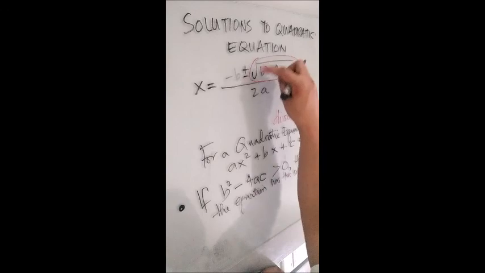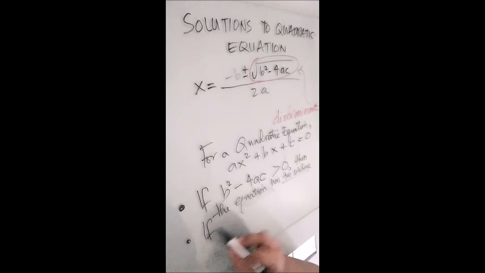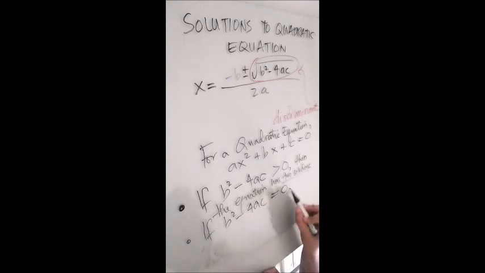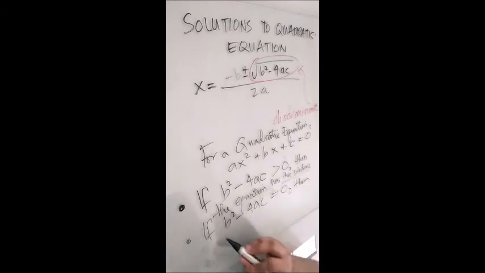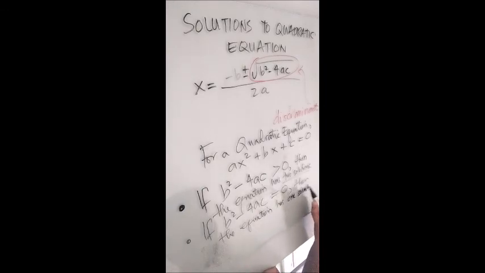If this number here in the radical, this radicand, is greater than 0, then you have two solutions. If b squared minus 4ac is equal to 0, then the equation has one solution.